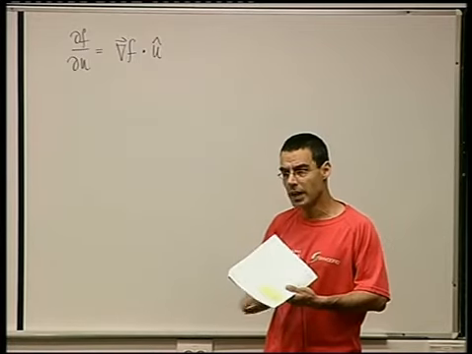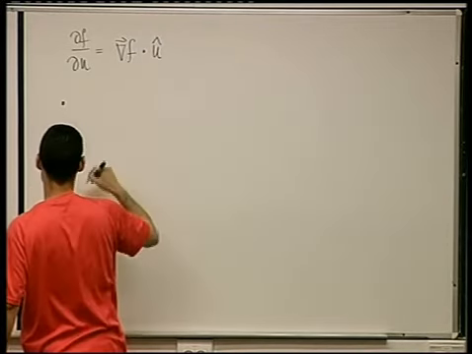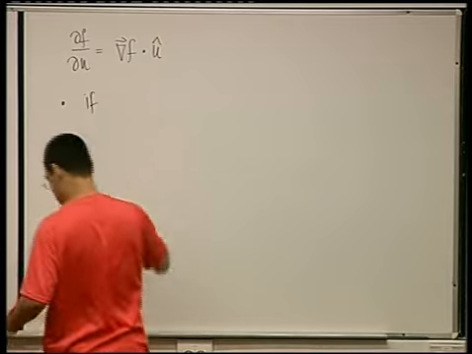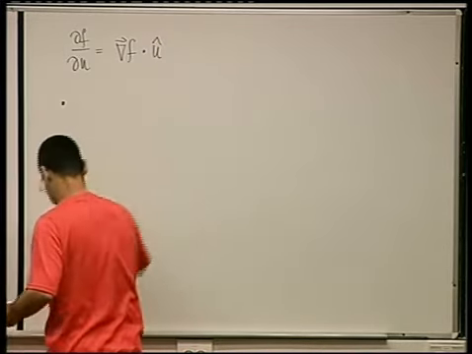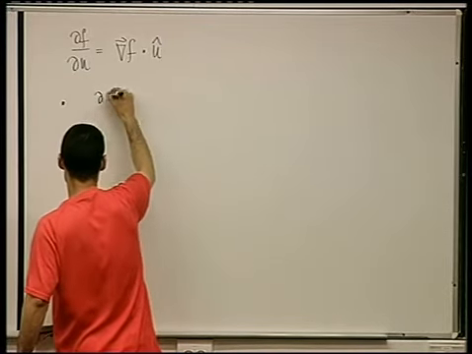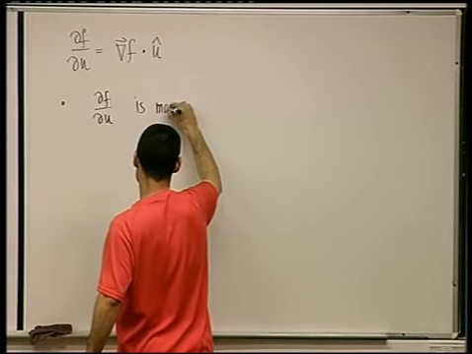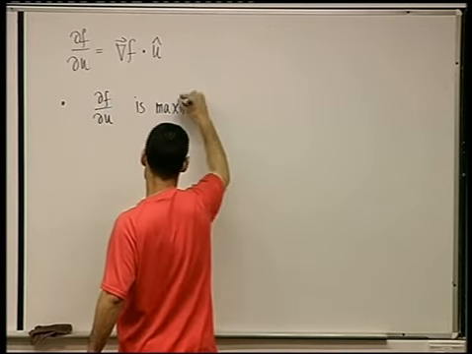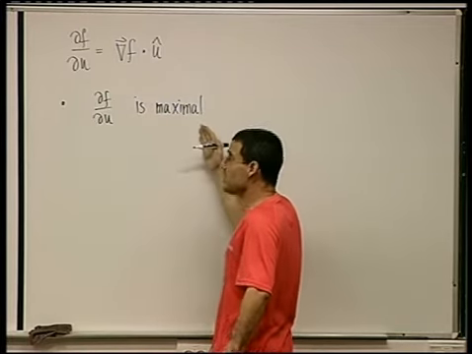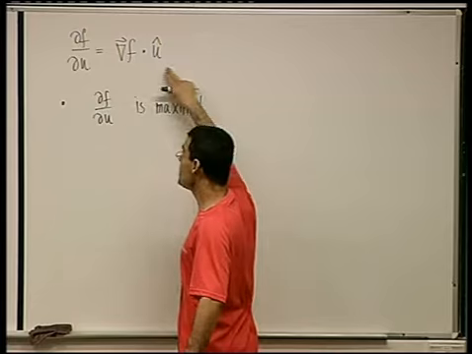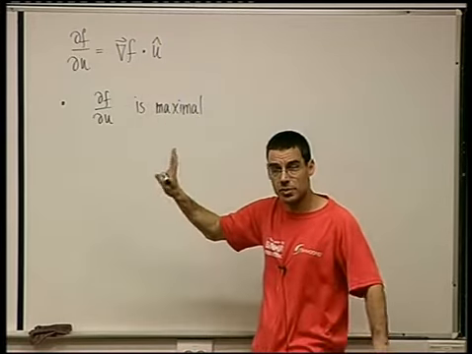Let me write all that and tell me if you agree. There are going to be 3 facts here. The first fact: the direction in which the directional derivative df/du is maximal is precisely the direction in which the gradient is maximal, for C1 functions, for smooth functions.